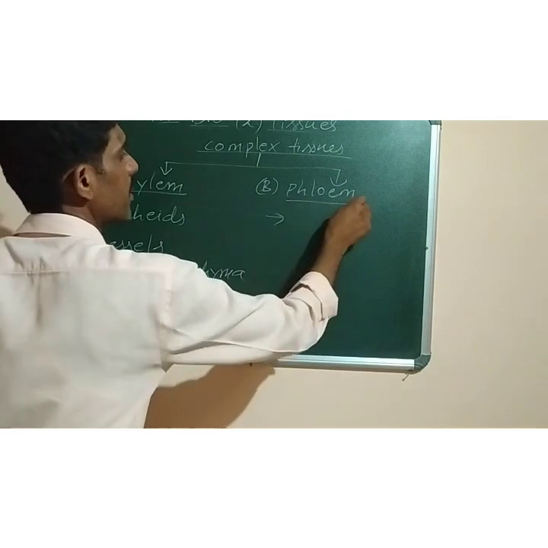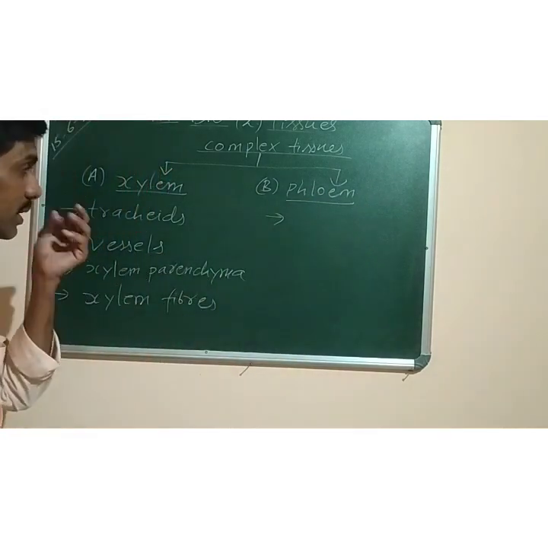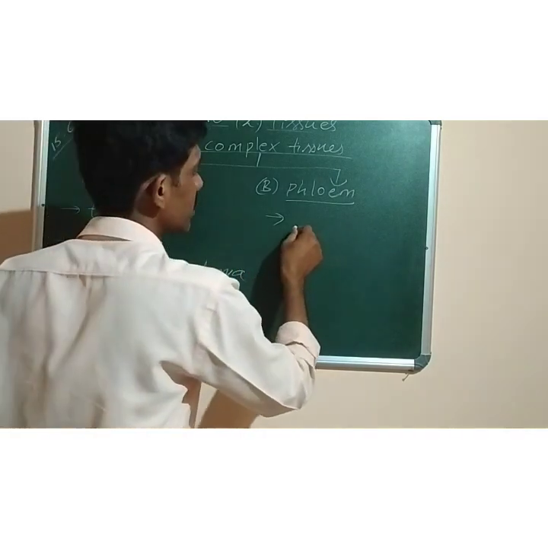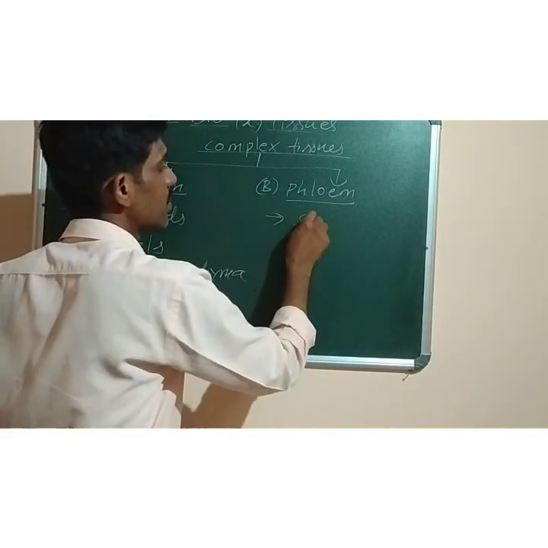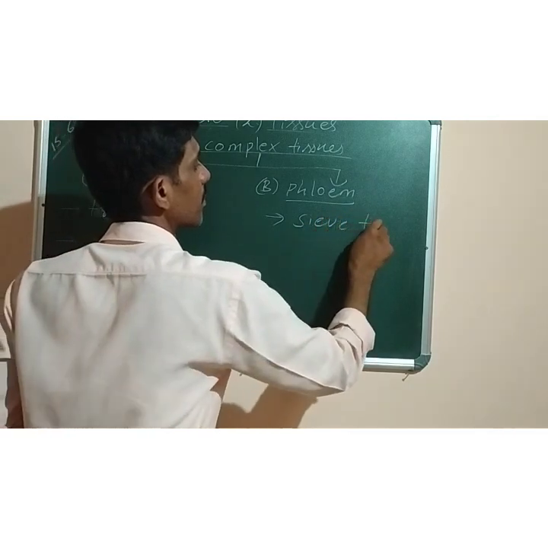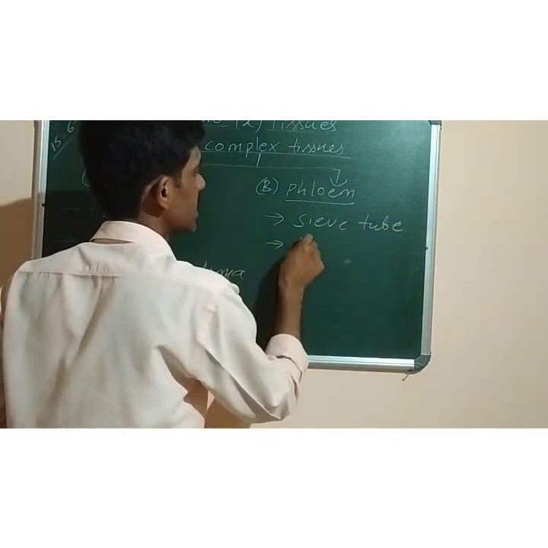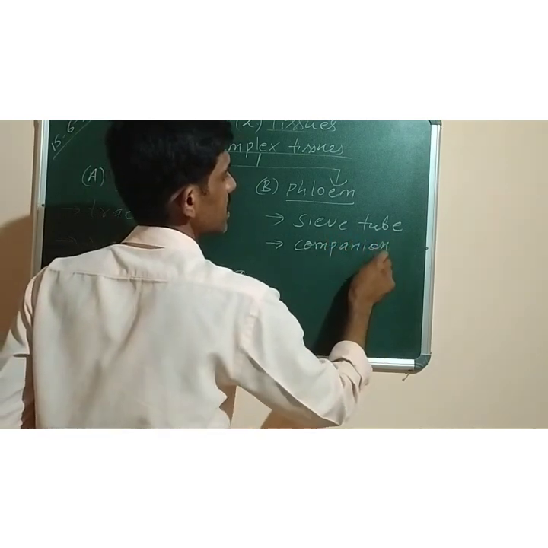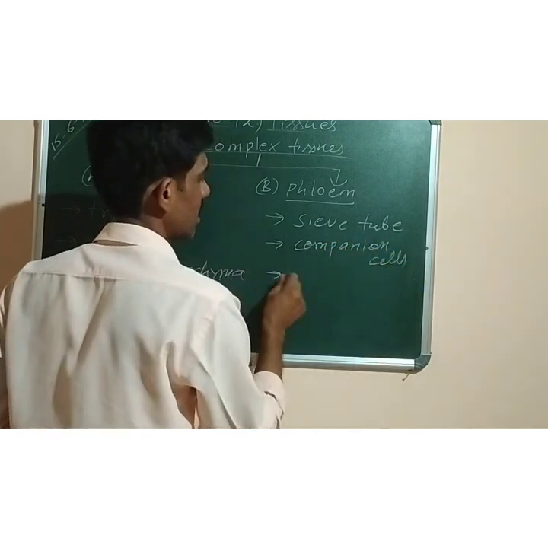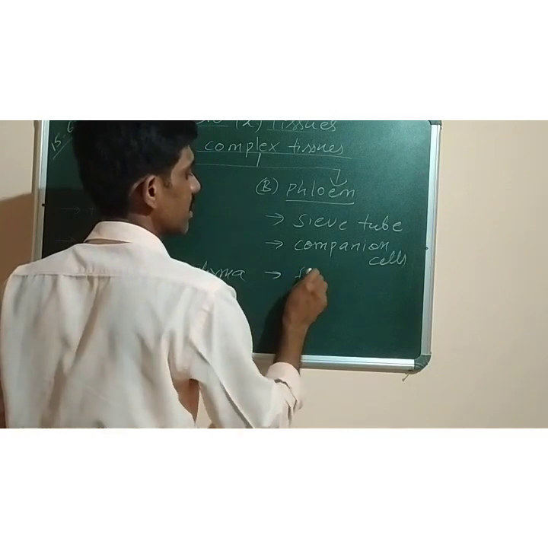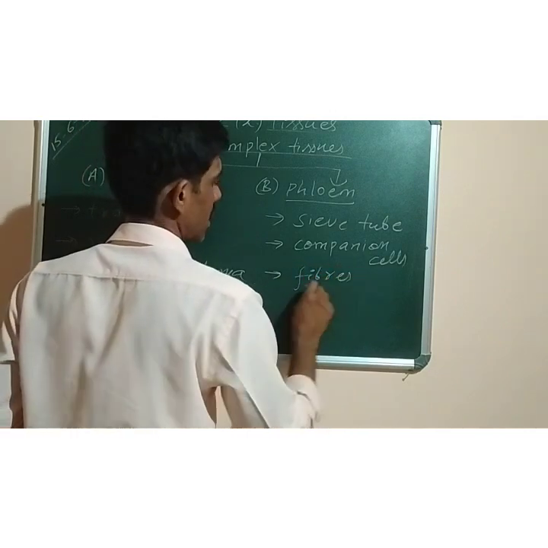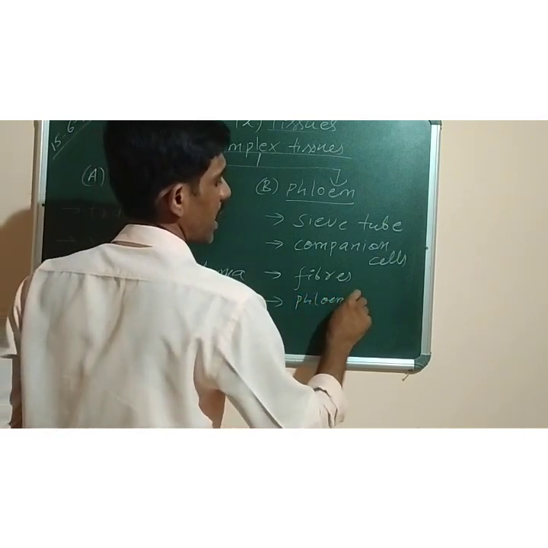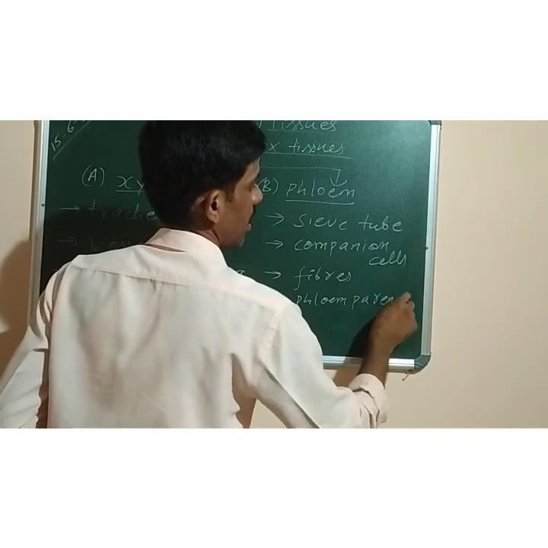Now what is phloem made up of? Phloem is also a complex tissue. It is also made up of more than one type of cells, and the cells which make the phloem tissue are number one, sieve tube, number two, companion cells, number three, phloem fibers, and number four, phloem parenchyma.